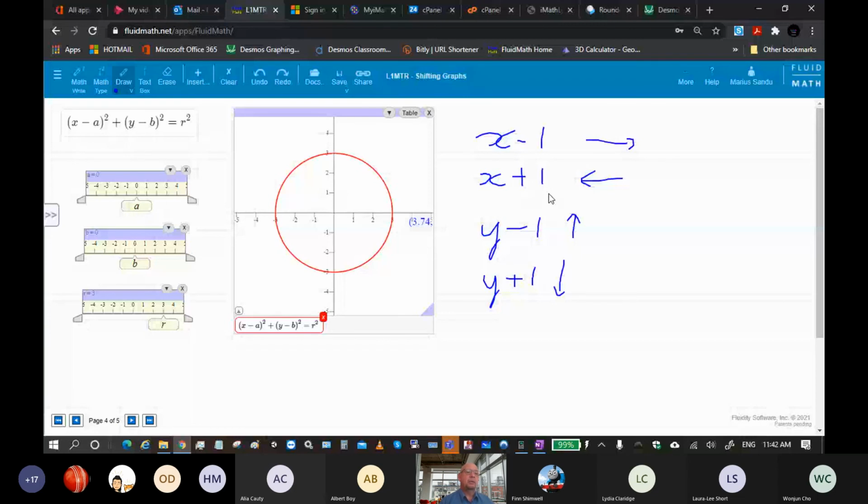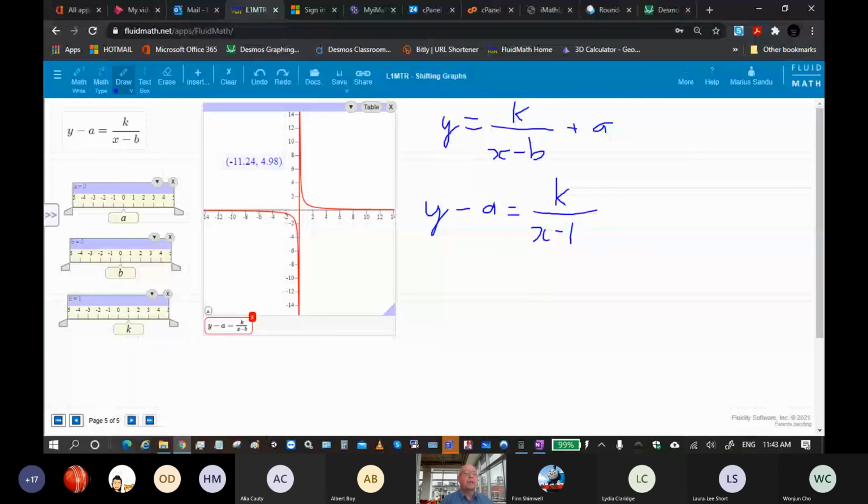One last one, which I wanted to show you, is the hyperbola. For the hyperbola, we start with y is equal to k over x minus b plus a. All right. If I move that a to the other side, I've got y minus a is equal to k over x minus b.